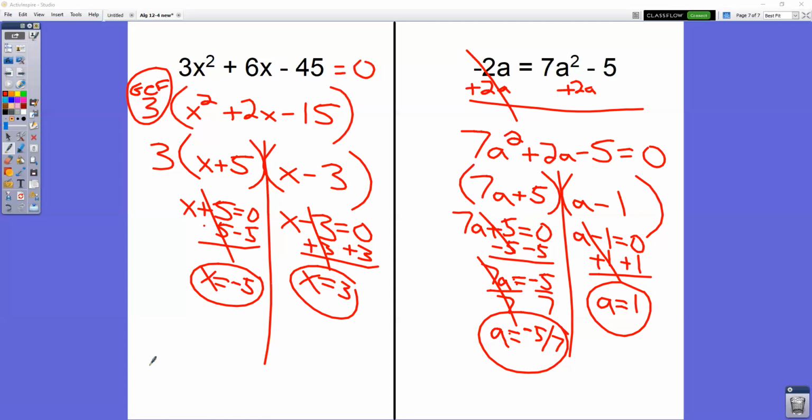I do have an example there for you. I think you just have 14 of these to do. Notice that in questions 4, 5, and 7 here, I put factor out the greatest common factor. What I need you to do first is that reverse FOIL type thing, and then solve for the 2 letters.